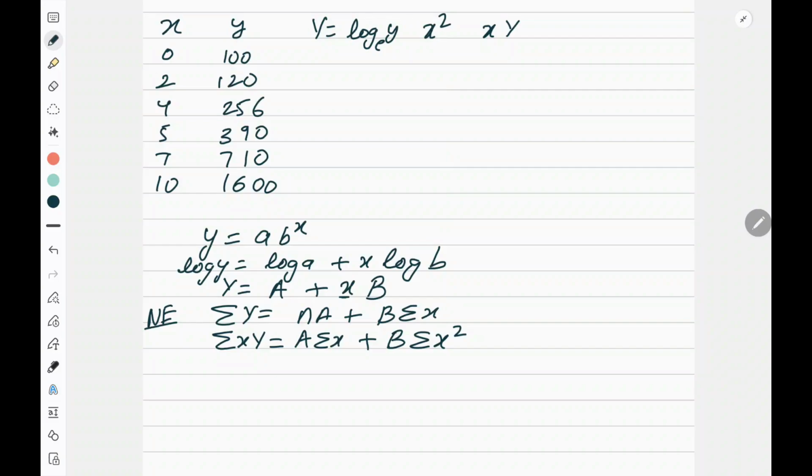So quickly take out your calculator and pause the video and fill up all the values. Many students make mistakes in this only because they take log base 10. You are supposed to take base e, that is ln in your calculator, not log.